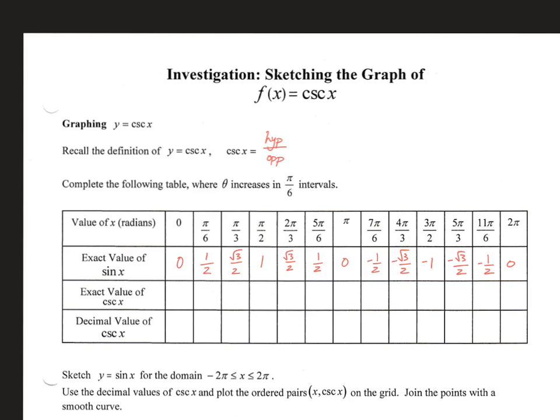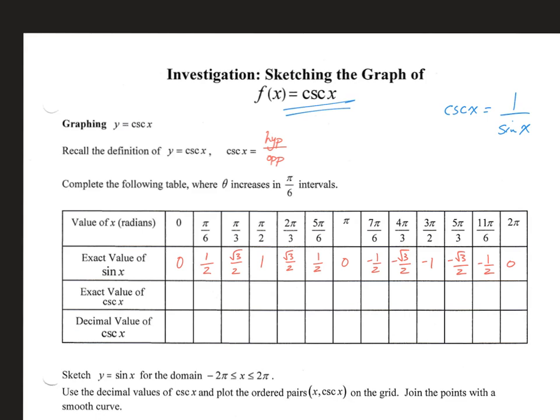The very first one that we're going to deal with is cosecant. To do that, let's go back to what its primary graph would be. We should all be good that cosecant is the reciprocal of our sine curve. What you'll notice in the table is I've already filled in all those key values for our sine curve.